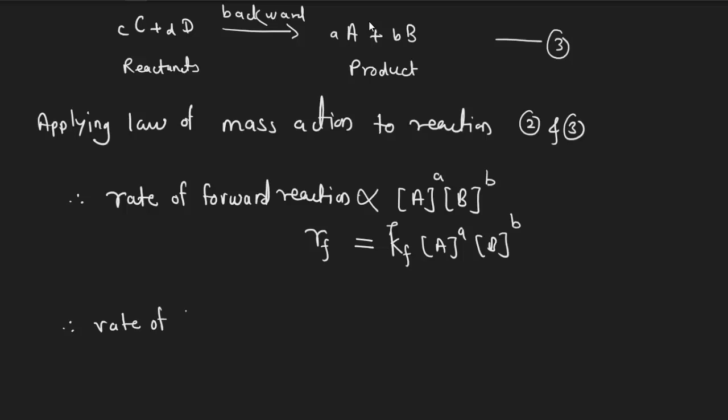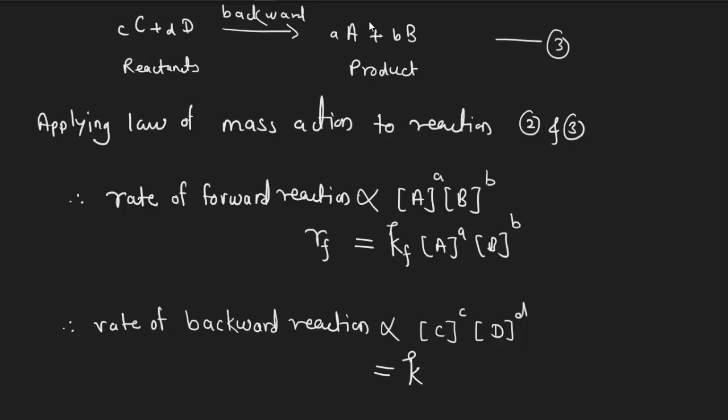The rate of the backward reaction is directly proportional to the concentration of C raised to c and D raised to d.